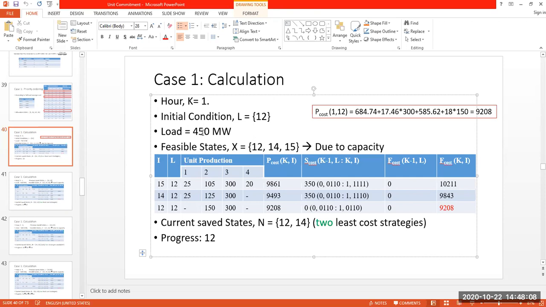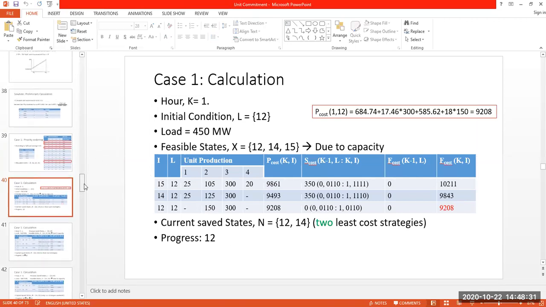The first question is, can I take the full capacity out of the first priority unit, which for our example is unit number 3? That means, can I take 300 out of 300 from unit number 3?